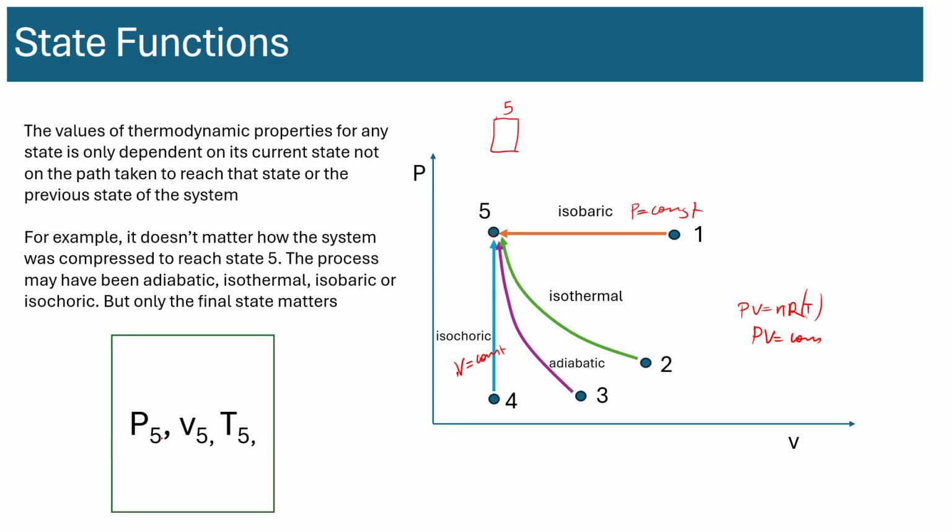And the properties P5, T5, and the specific volume, all of these, it doesn't matter how you got there. Using these properties, you can calculate the other properties for the system: enthalpy, entropy, internal energy, etc. It doesn't matter how you got there. So that's why properties are called state functions. They only depend on the state.